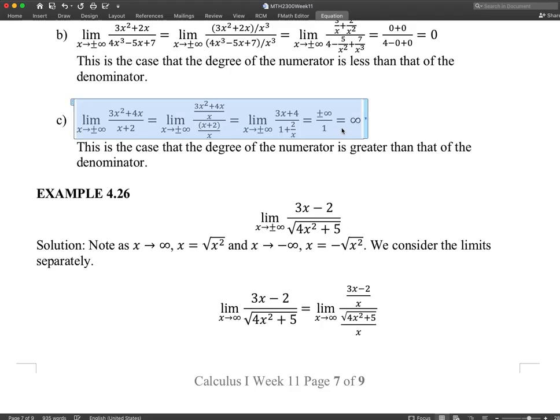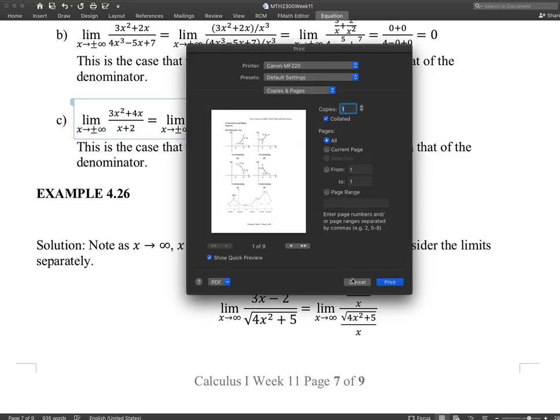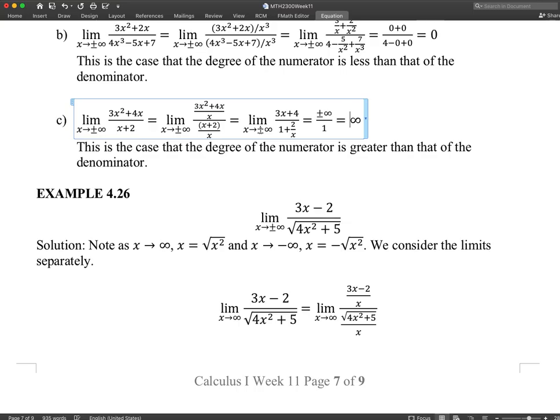You may want to know, as x approaches negative infinity, the limit would be negative infinity. So now it is correct.